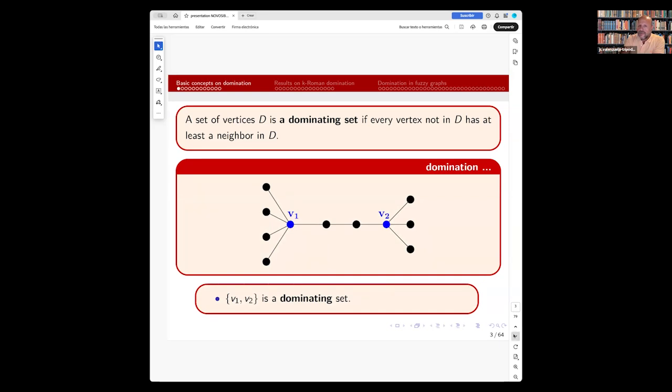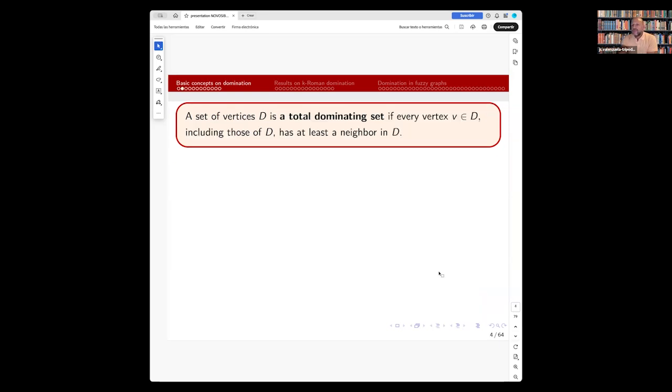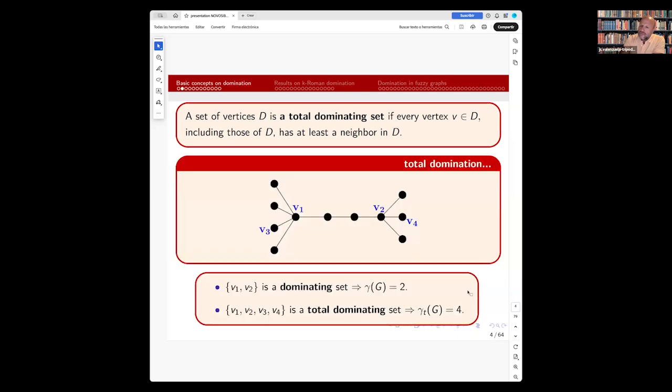This classical parameter has another interesting variation, which is the total dominating set, which was commented on before, in which we require that not only the vertices outside the set be dominated, but also the vertices in the set D. That is the same as requiring that the graph induced by the vertices of the total dominating set has no isolated vertices.